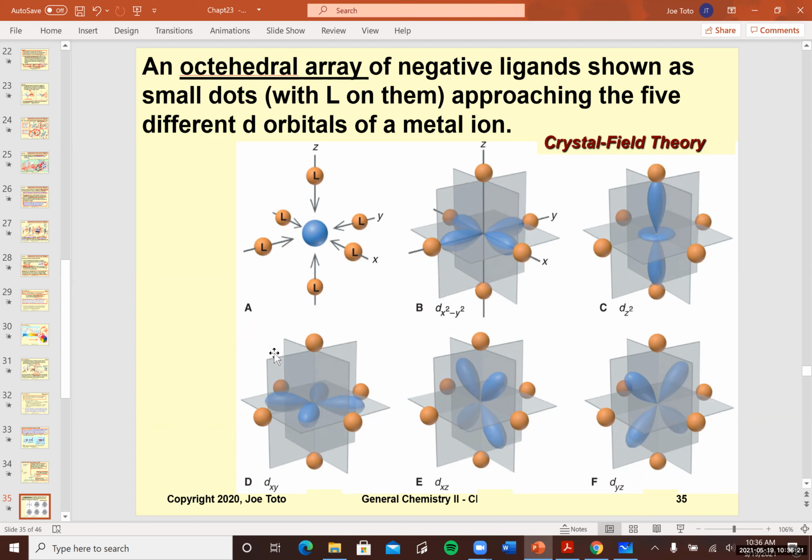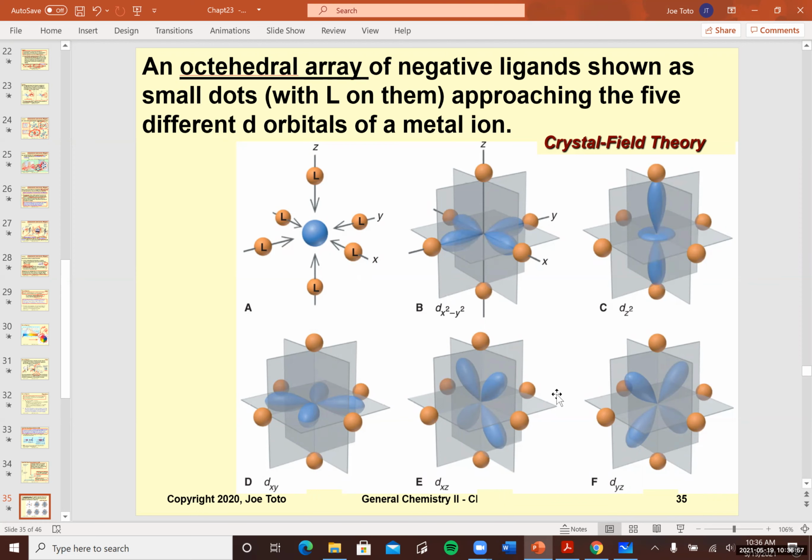All right. Then I think you can see that when these ligands move in to form coordinate covalent bonds with the metal, they're moving in along the axes, and they're more likely to cause repulsion with electrons residing in the dx squared minus y squared and the dz squared, because these two orbitals have electron density along the axes.